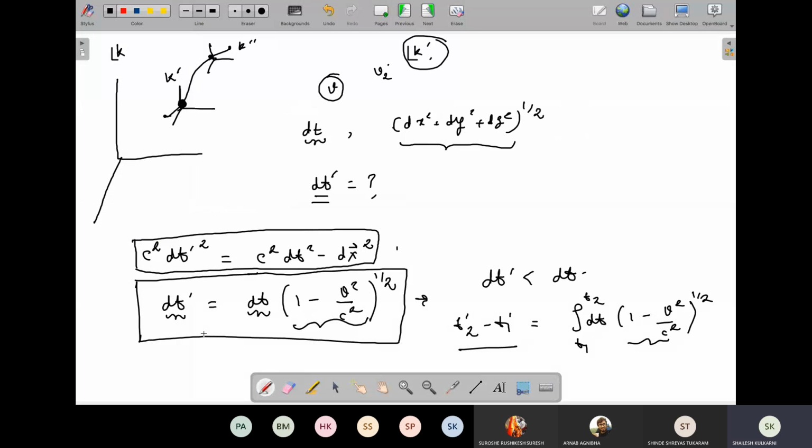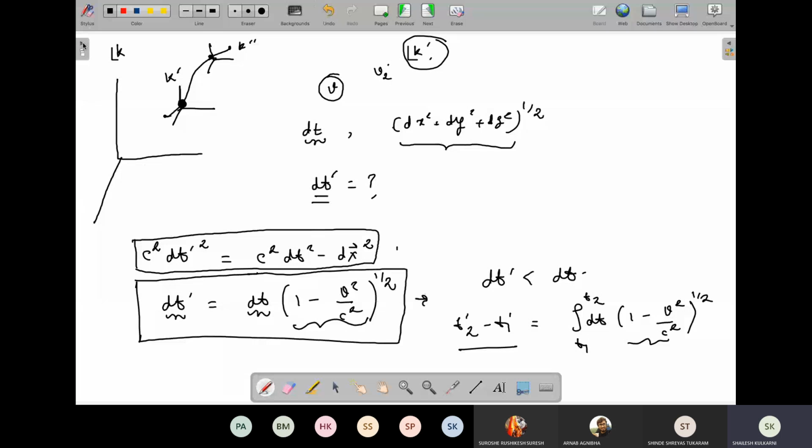In this statement, you now put v to be uniform, independent of t. Then you can integrate easily. A constant factor, and it's just t2 minus t1. Here you will get t2 prime minus t1 prime. Clear? So what is the conclusion?